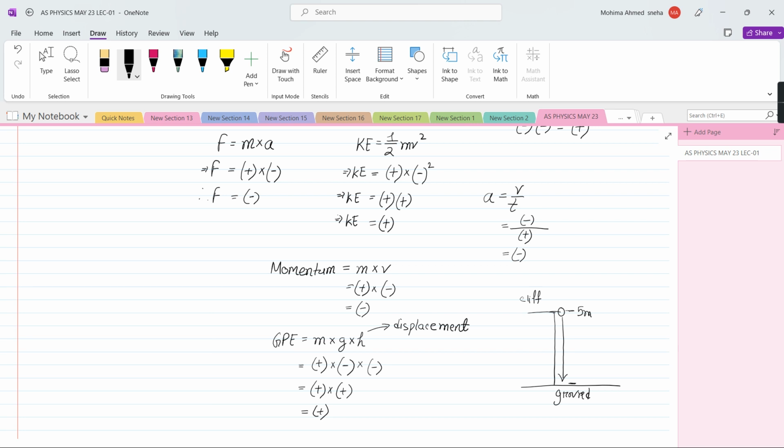Direction obviously plays a very significant role here. And whenever we have magnitude with direction, it becomes a vector quantity. So obviously the vector version of distance is displacement. For gravitational potential energy, we are not actually involved with distance. Here the height fallen is basically displacement. So displacement is a vector quantity. That's why we refer to the height as negative. Is it clear now?